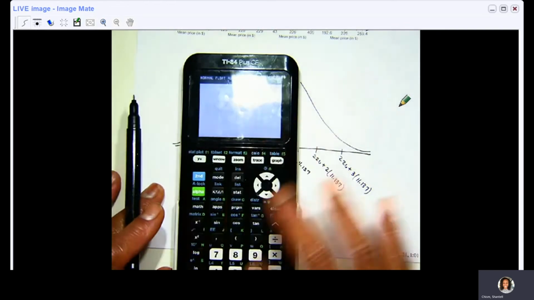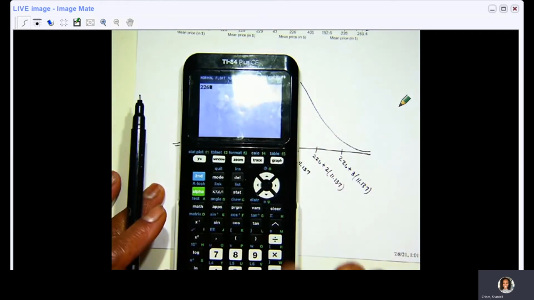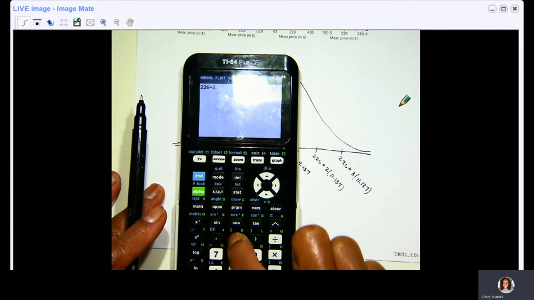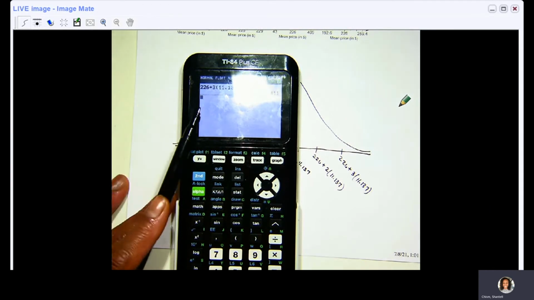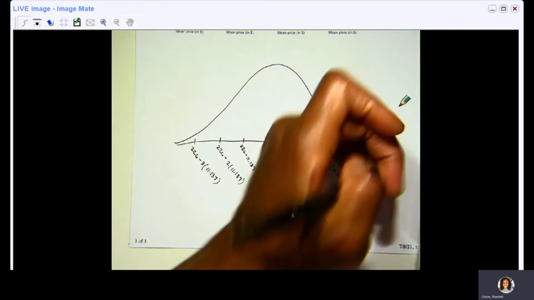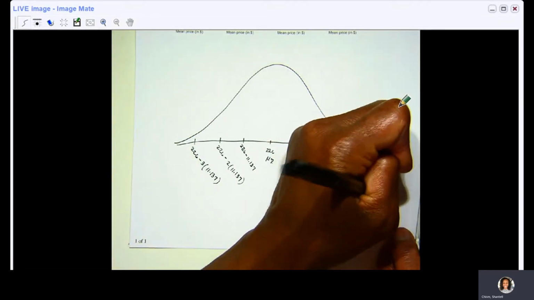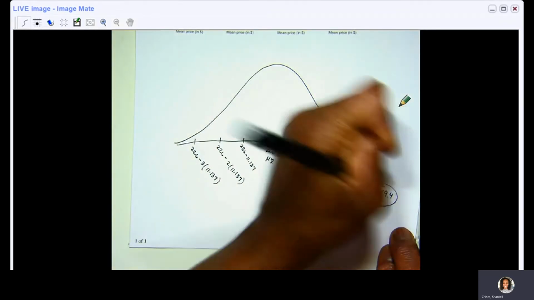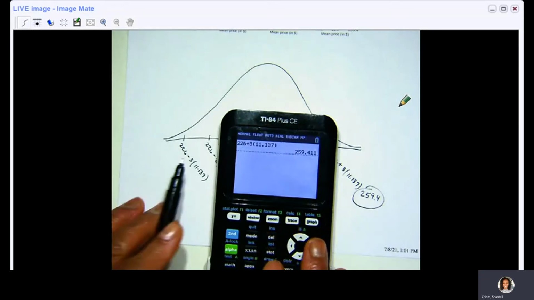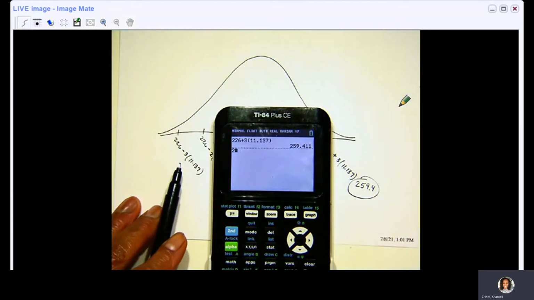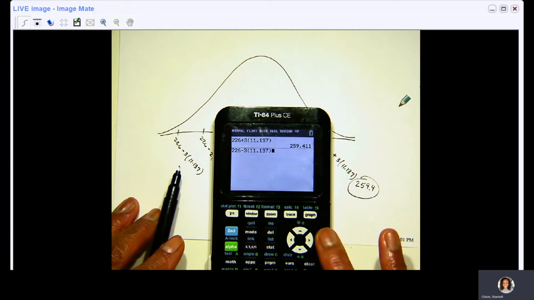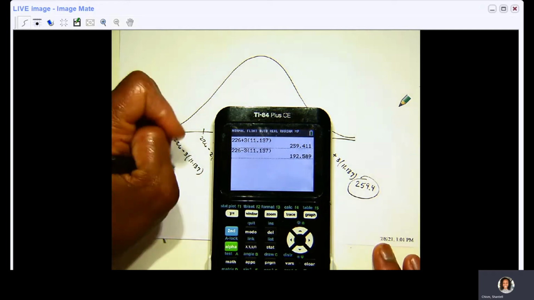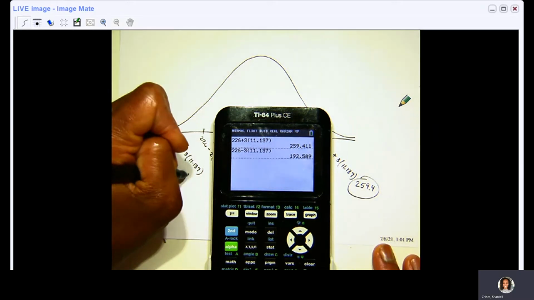Let's see. Okay, so 226 plus 3 times 11.137. That is 259.4. And 3 deviations below would be 226 minus 3 times 11.137, which is 192.59.